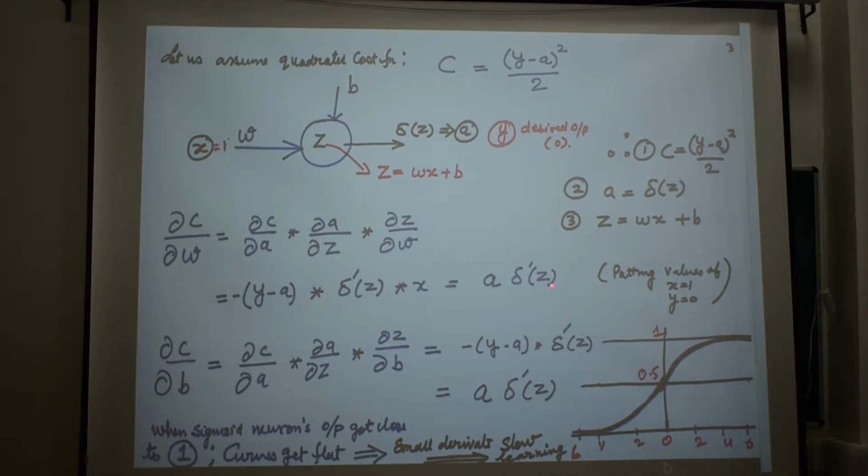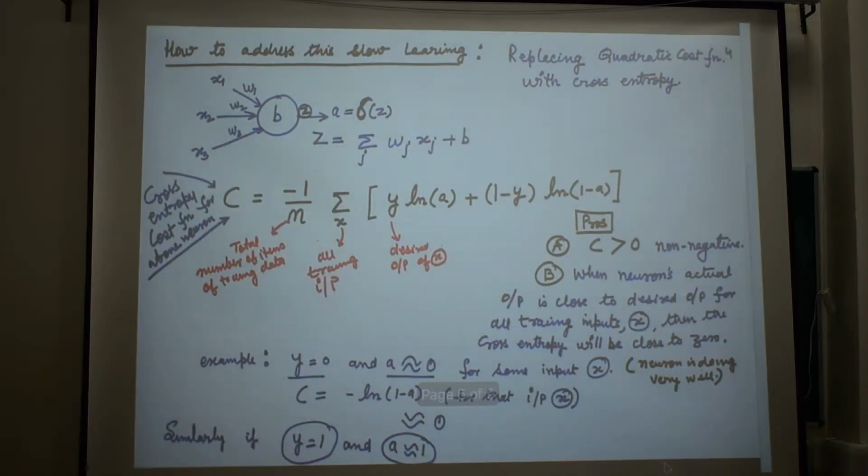The first thing that we are going to see is that we want to play with the cost function itself. This is another type of cost function, which says minus y ln a minus (1 minus y) ln (1 minus a).